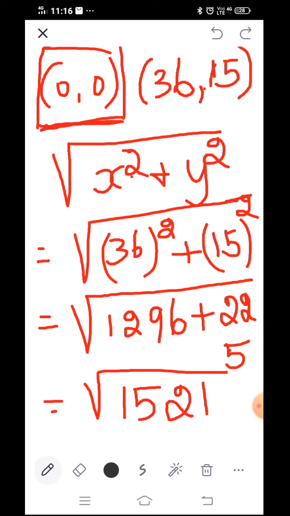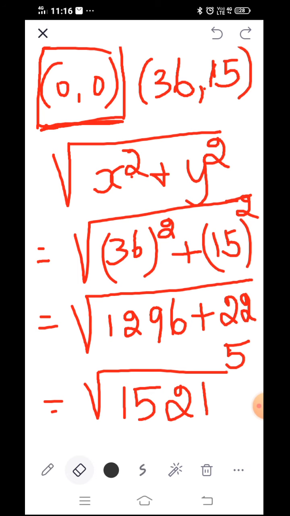What is the square root of this 1521? Up to 3 digits you can say it easily. If I ask what is the square root of 400, you will say it. But if it is a 4 digit number like this, 1521, use long division to find the square root. Okay.